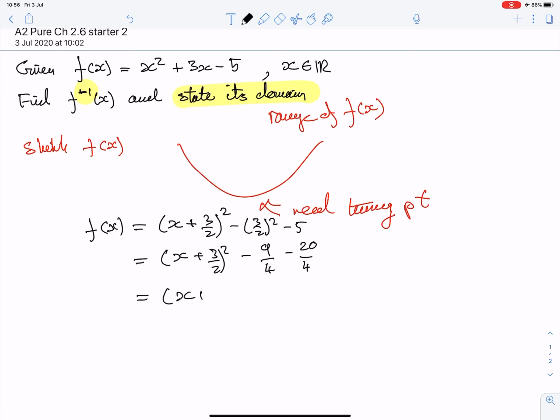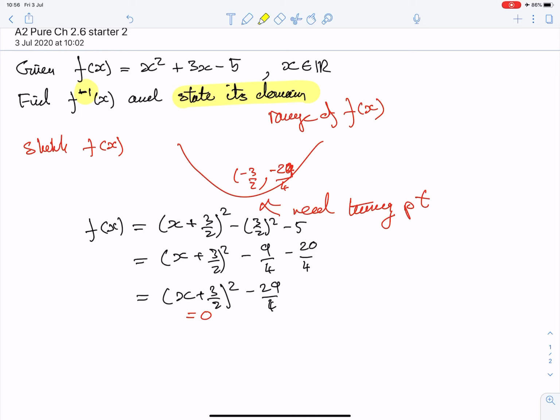So we've got x plus 3 over 2 squared minus 29 over 4. So our turning point here is going to be at negative 3 over 2, making this equal to 0, and then the y value is negative 29 over 4.